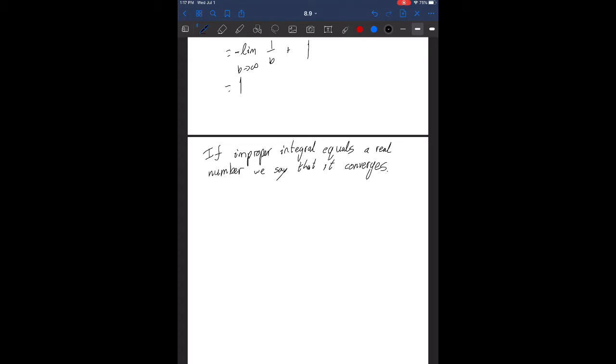Otherwise, so if we have an answer that's going to be positive or negative infinity, or if we have an answer that just does not exist for whatever reason, you'll see this a lot in trig functions, we're going to say that it diverges.